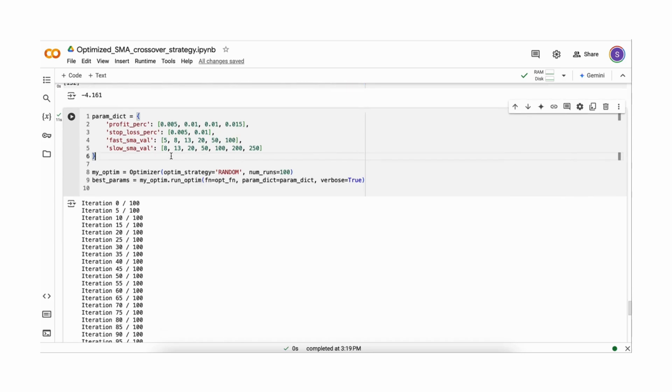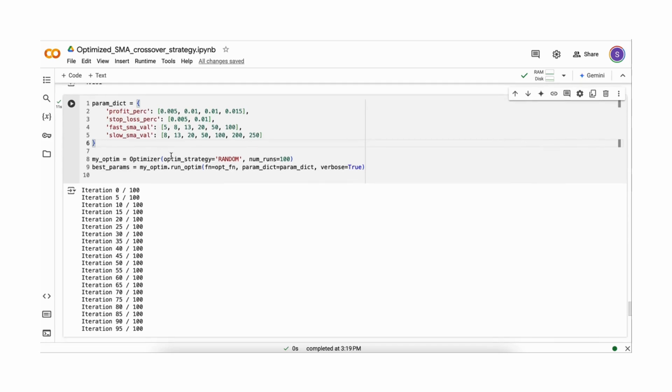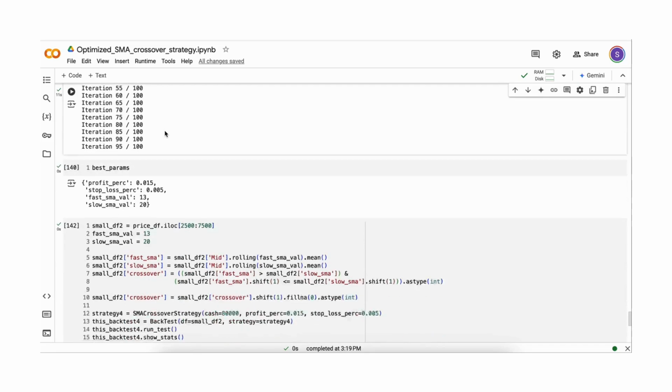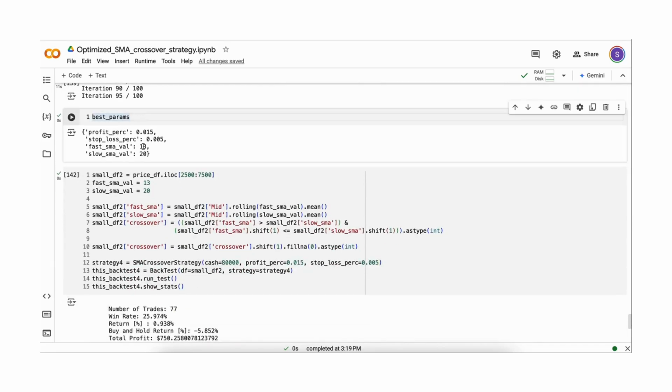So we don't want to get into too many of these invalid cases and waste our computational resources. So we do a random optimization. We run 100 of these random points inside this huge grid, and then we calculate the best parameters.